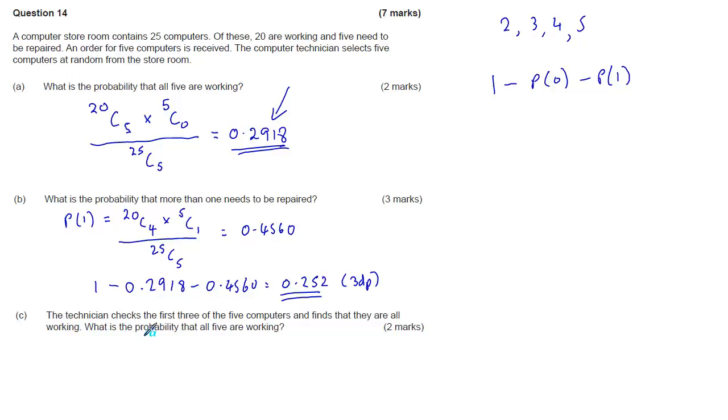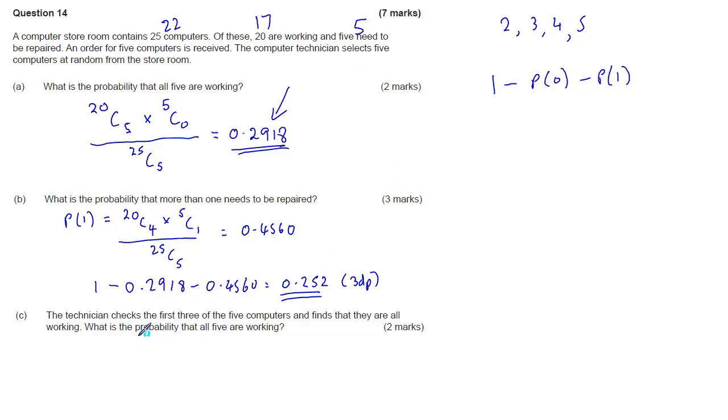The technician checks the first 3 of the 5 computers and finds they're all working. What is the probability that all 5 are working? So there's now only 22 to select from. The first 3 were working, so there's now 17 more that are working and 5 that aren't.